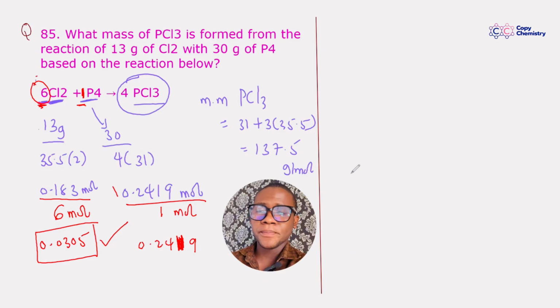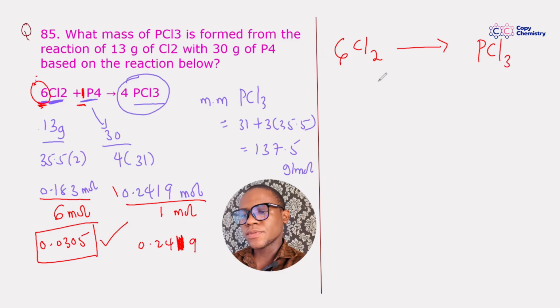So we have to compare Cl2 and PCl3. Okay, we can see that 6 moles of Cl2 gives us 4 moles of PCl3.